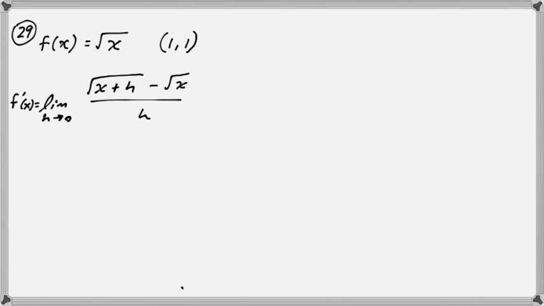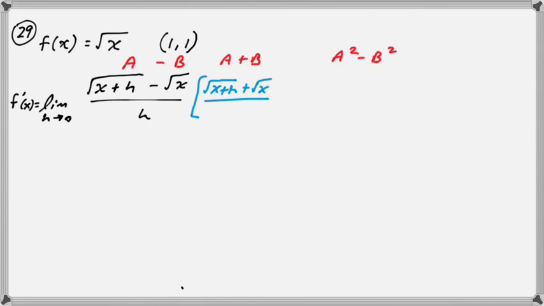Anyway, this gives me 0 over 0. So the conjugate of a minus b is going to equal a plus b. When you multiply them, you get a squared minus b squared. So the conjugate really just changes the middle sign. So instead of radical minus the radical, the conjugate is a radical plus the radical.